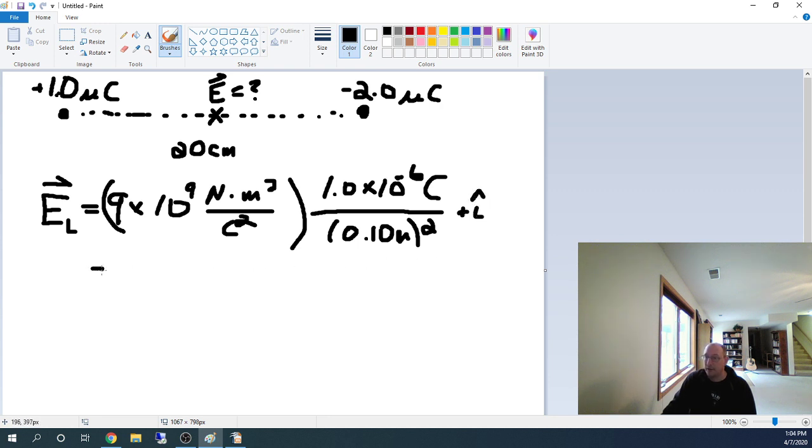Calculating it, 9 times 10 to the ninth times 1 times 10 to the minus 6, divided by 0.1 squared, gives a magnitude of 900,000, so that's 9 times 10 to the fifth.